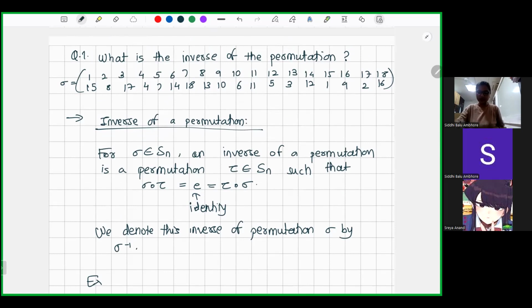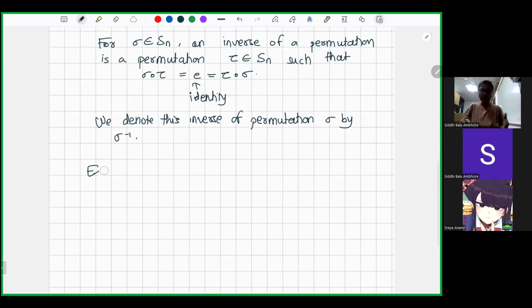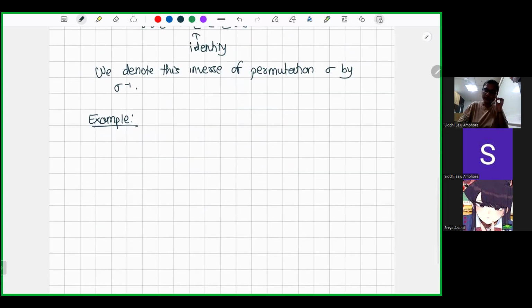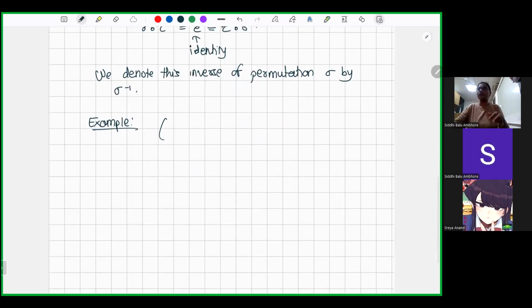So let us start with examples where we are finding the inverse for basic elements. Suppose we are talking about the inverse of a permutation in S3. Suppose we take the elements 1, 2, 3, and this is my permutation 2, 3, 1. So this is again a cycle.